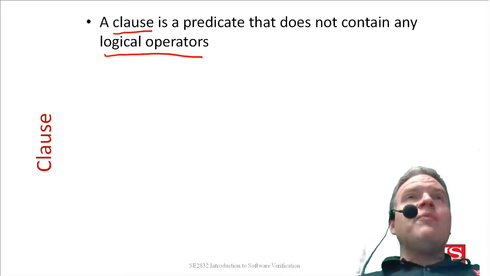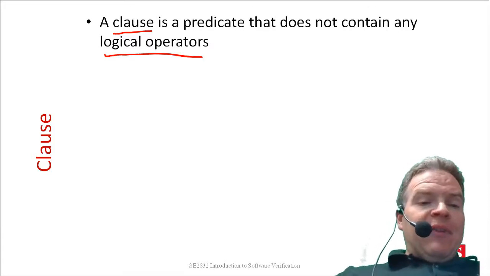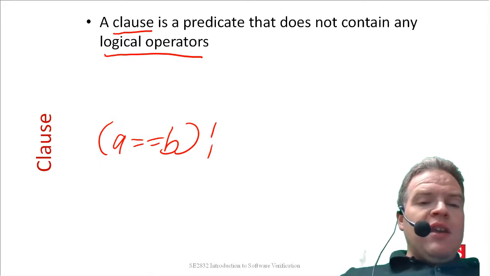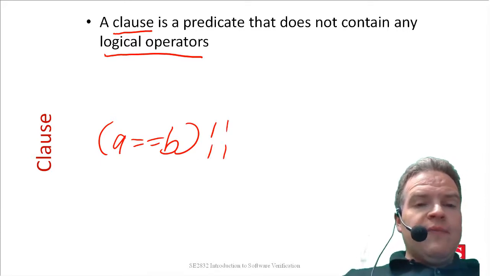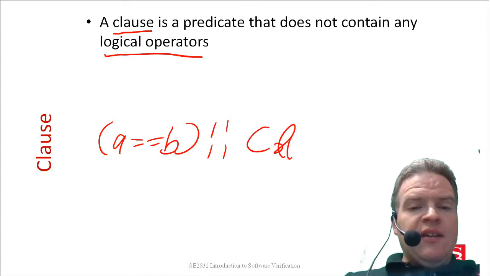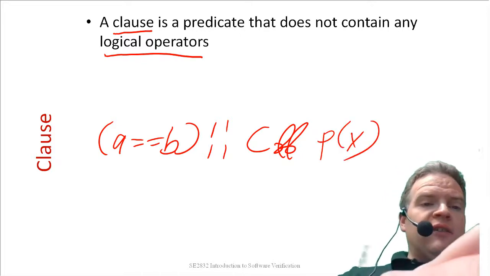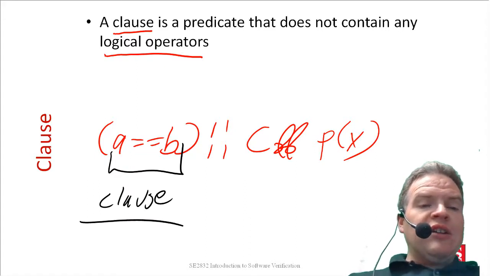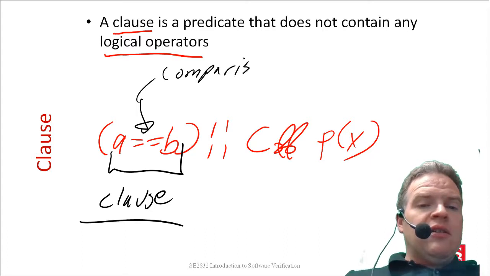So for example, if I had a statement such as the following: A equals B, or C, and P of X. This right here, A equals B, is a clause in that we don't have a logical operation. All we have in here is a comparison.